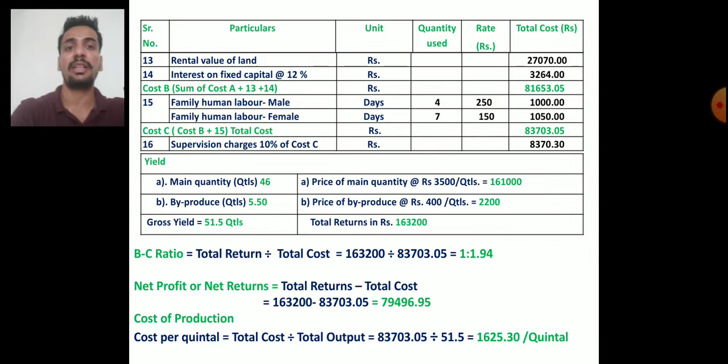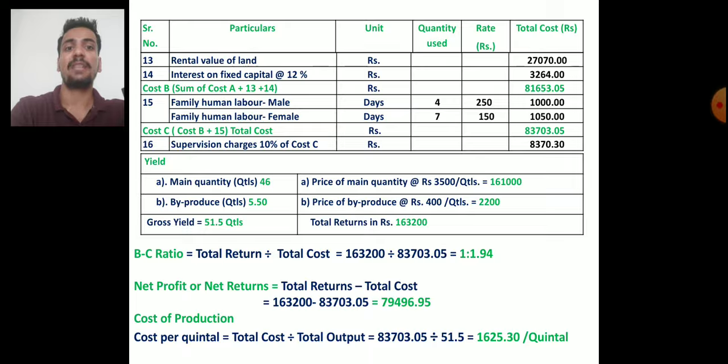Now how to calculate BC ratio? Total returns divided by total cost is equal to your BC ratio. So here my total returns is 1,63,200 divided by total cost of 83,703. So my BC ratio is 1:1.94, means if I am investing 1 rupee, I will get 1.9 rupees.